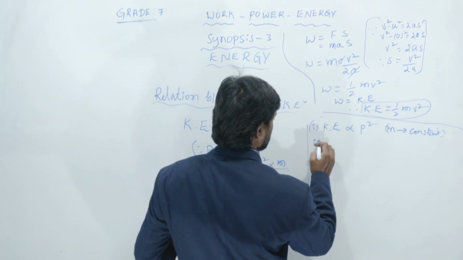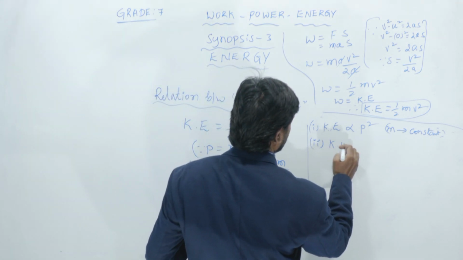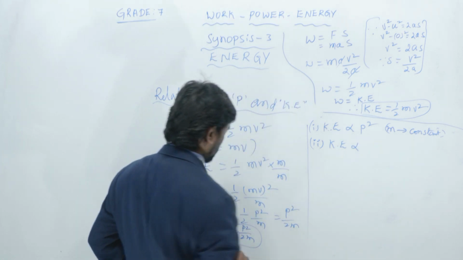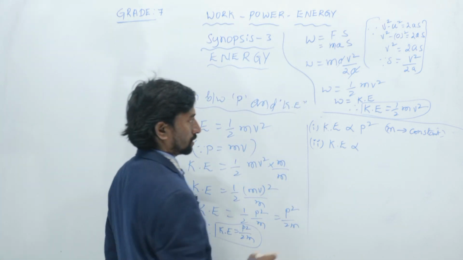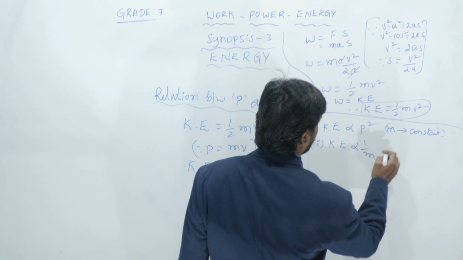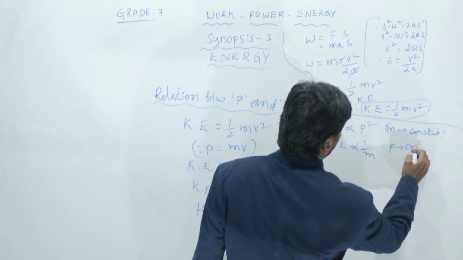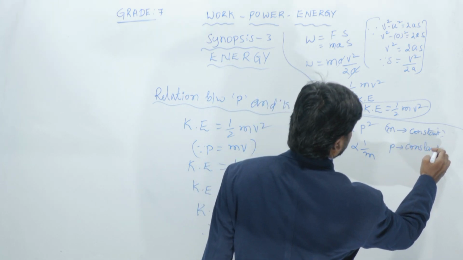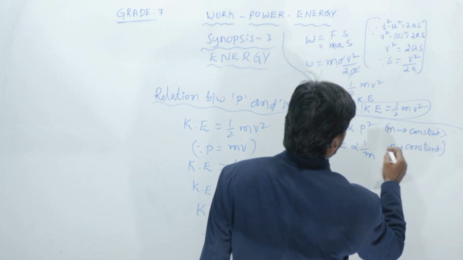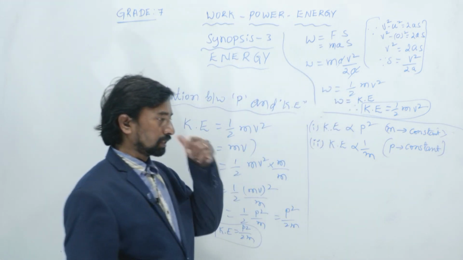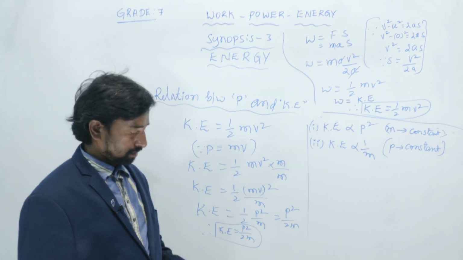And second, kinetic energy is inversely proportional to mass, that is 1 by m, when P is constant. By using that, we will do the numericals.